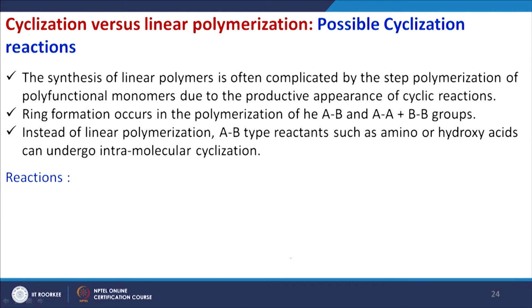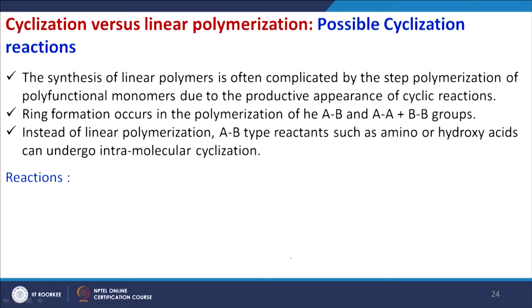Now, let us talk about cyclization versus linear polymerization, and first the possible cyclization. The synthesis of linear polymer is often complicated in the step polymerization of a polyfunctional monomer, due to the appearance of cyclic reactions.